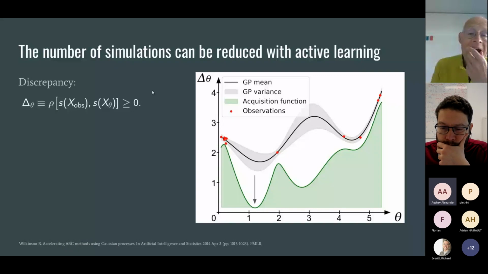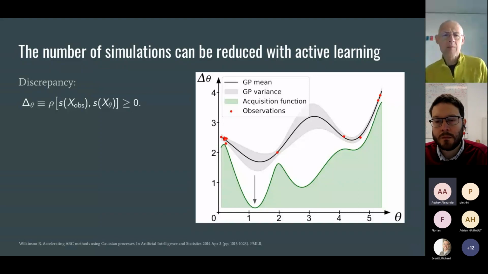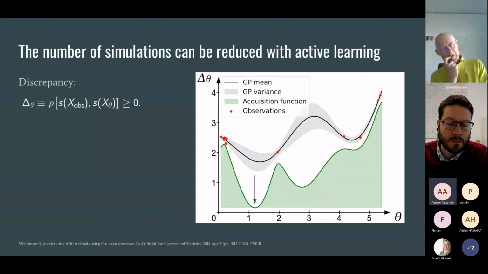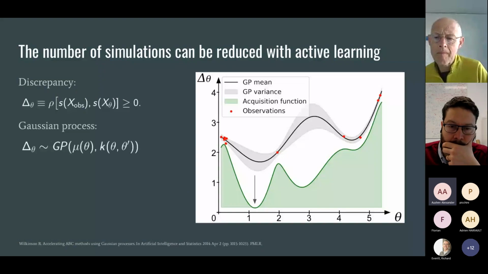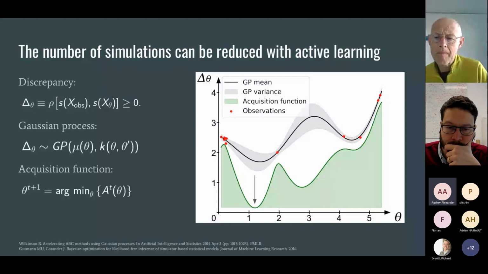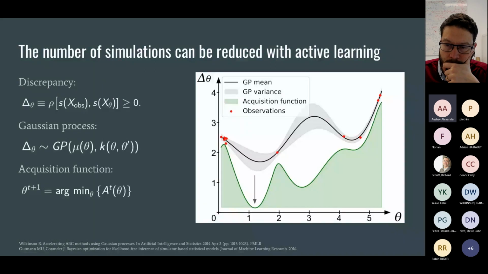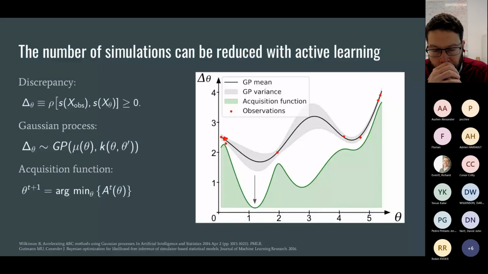We can represent the discrepancy measure as a function that depends on theta, and we can assume a Gaussian process prior over this discrepancy function. By doing this, we can use GP uncertainty to choose where to run the simulator next in an intelligent way.